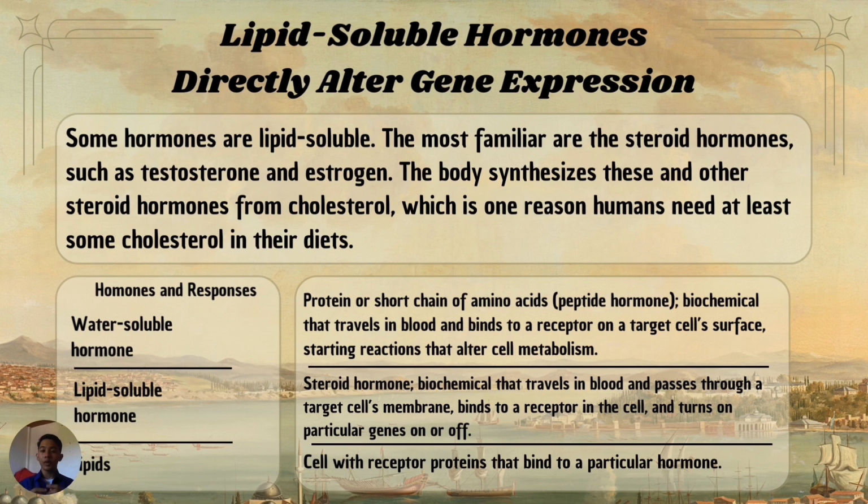Hormones and responses. So, we'll give three examples of these hormones and responses. Water soluble hormones, which are proteins or short chains of amino acids, which is peptide hormone, are biochemicals that travel in blood and bind to a receptor on the target cell surface, starting reactions that alter cell metabolism.